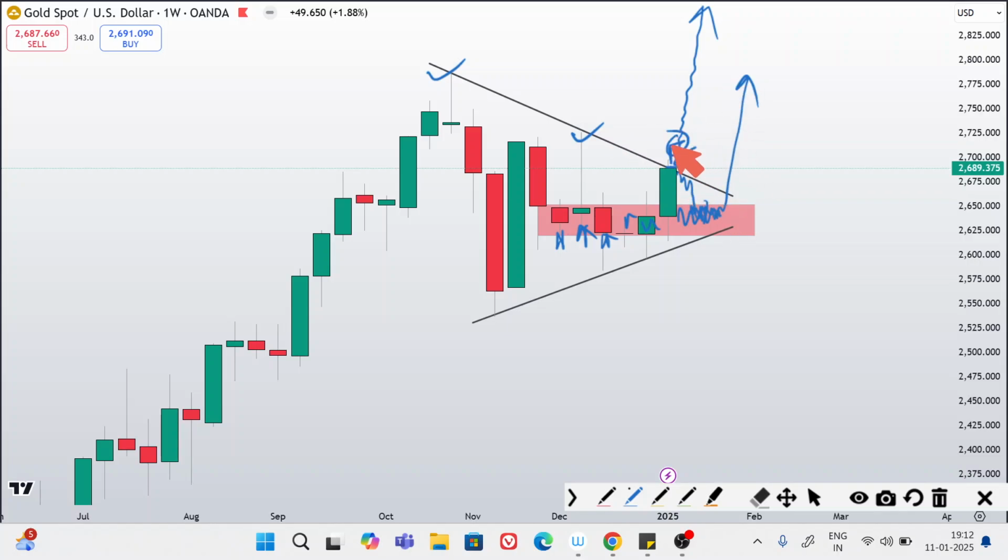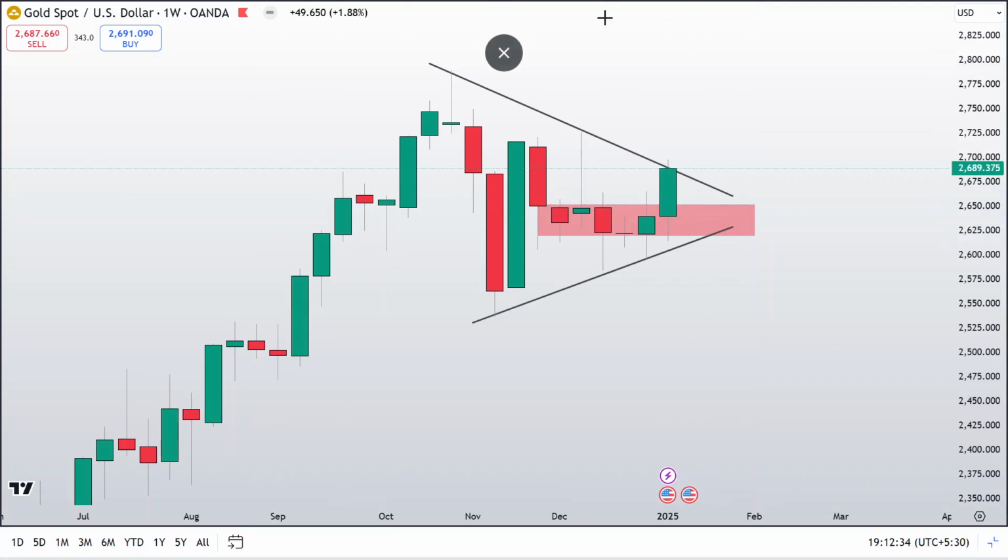Either we wait for a breakout on this area, and on confirmation we can load for the buys, and on the lower side also we can look for a rejection and buy accordingly. So this is the chart on the weekly time frame. The weekly time frame is also showing positive signs.